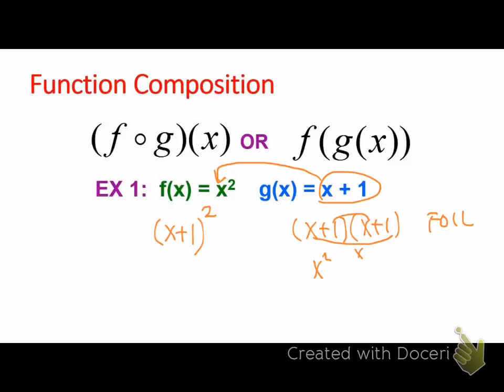Our inner would be x times 1, which is 1x. So combine those two: 2x. And then your last. Remember those outer and inner are usually always like terms, so we combine them. So that is your f of g of x. That's your answer. That's it.